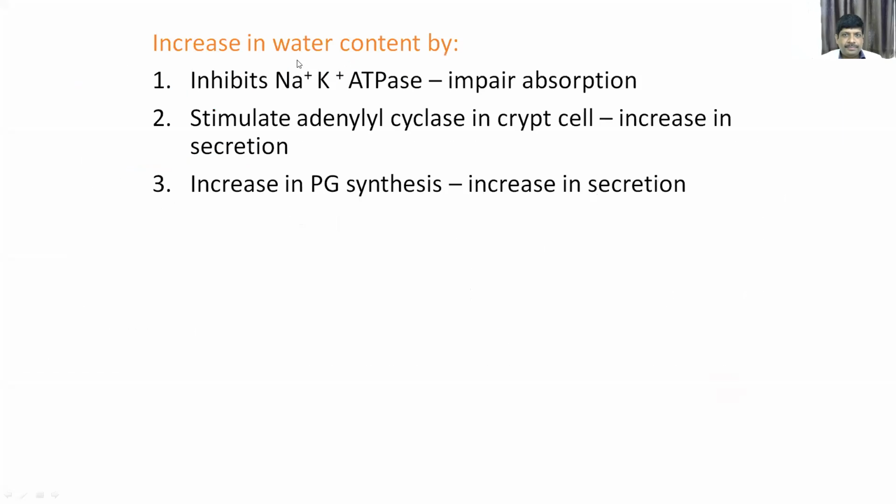Next, how to increase the water content. It can be by inhibiting the sodium potassium ATPase, which causes impaired absorption, stimulating adenylate cyclase in crypt cells, and increasing prostaglandin synthesis.